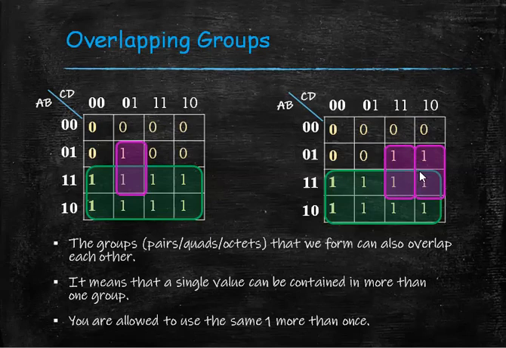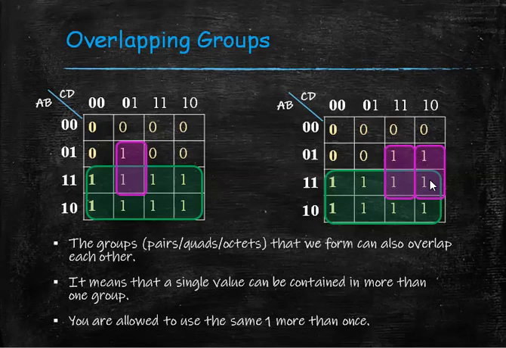Looking at this one, there must be 4 ones. Overlapping is allowed, so we can make it a quad, not considering it as 2 adjacent pairs, overlapping with this octet.